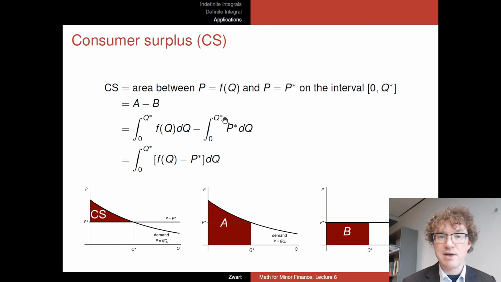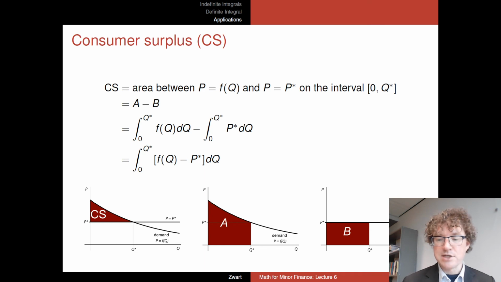Again, we take the integral between 0 and Q star of this constant P star, integrated over Q. In other words, we can of course combine these two terms into one integral, Q equals 0 ranging until Q equals Q star, of F of Q minus this equilibrium price P star, integrated over Q. So that's what we need to do to compute the consumer surplus.